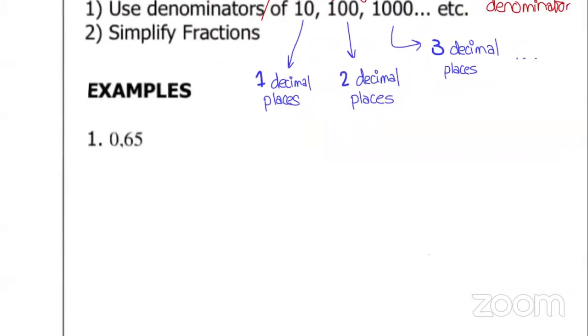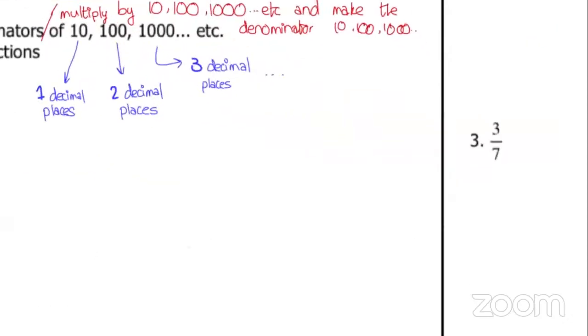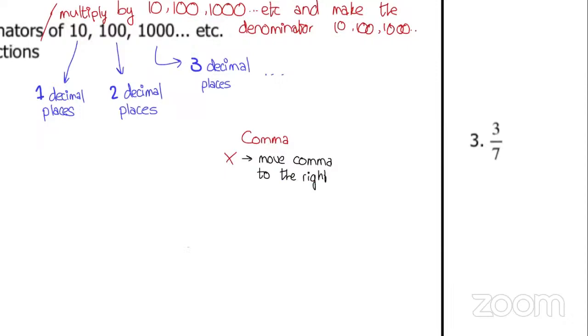So here we have 2 decimal places. By the way, that's after the comma. How many digits do you have? 2. So we have 2 decimal places. So this guy, I need to multiply this by 100. When you multiply, move the comma to the right.